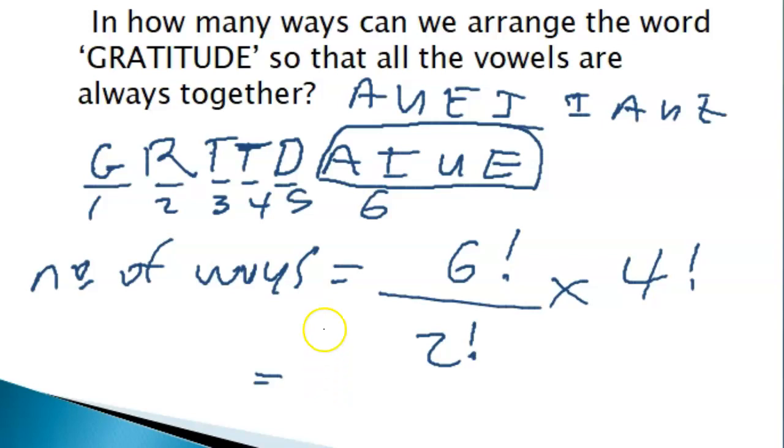So in calculating, that's 6 factorial, divided by 2 factorial times 4 factorial.